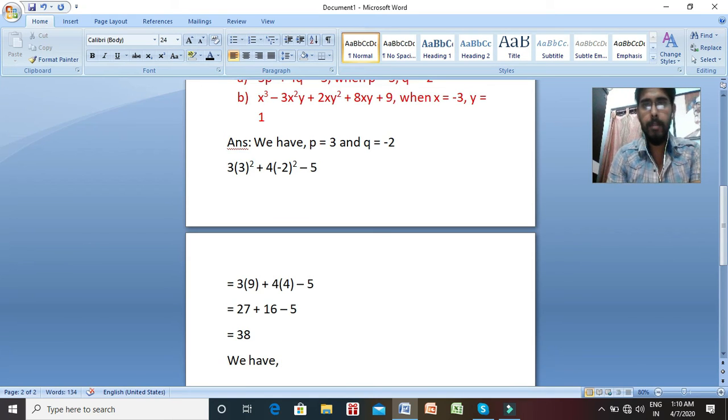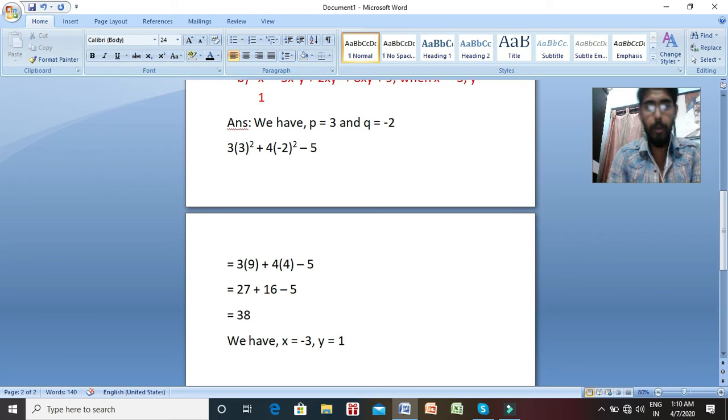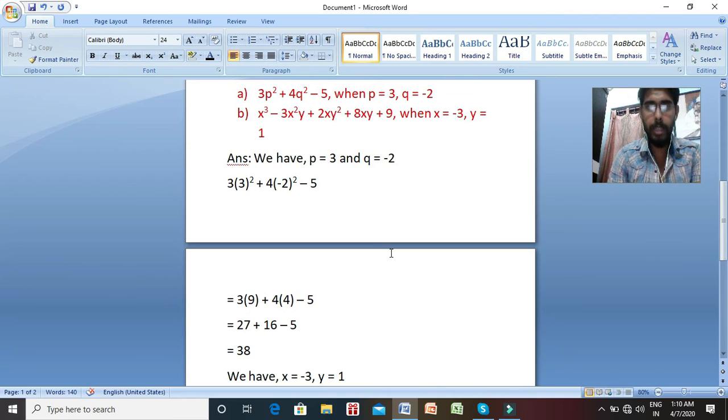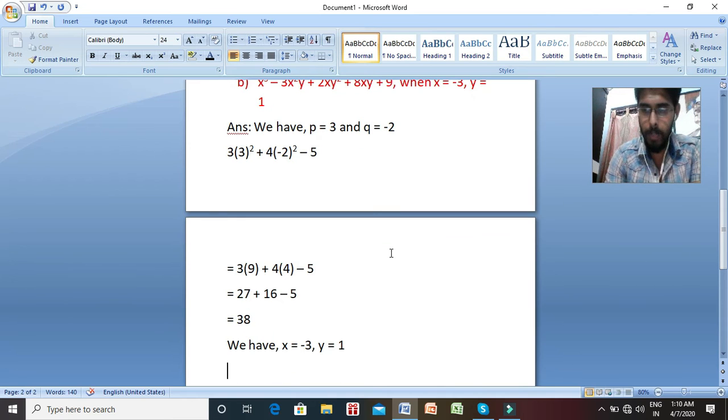so what we have, x equals negative 3, and y equals 1. Okay, so if we now put the values, the first one is x cube, so it should be negative of 3 cube, so (-3) cube.